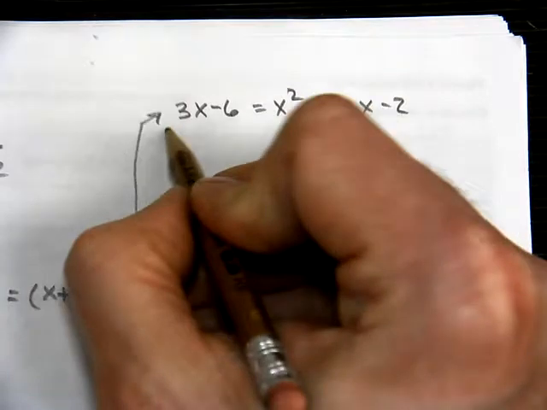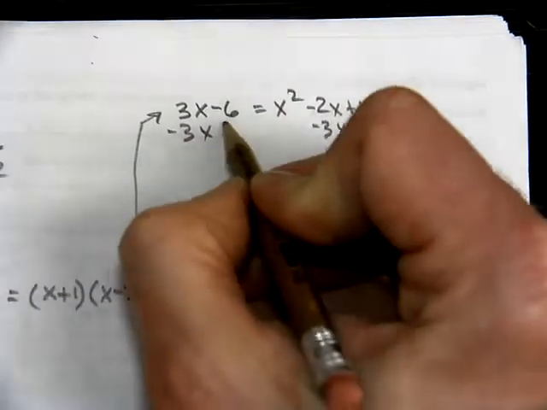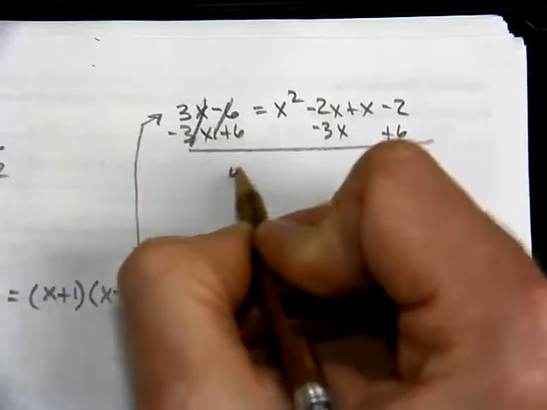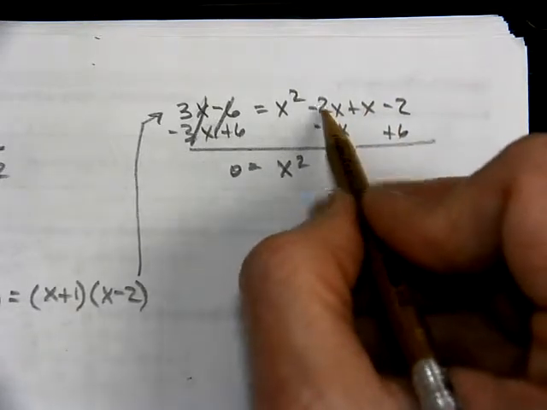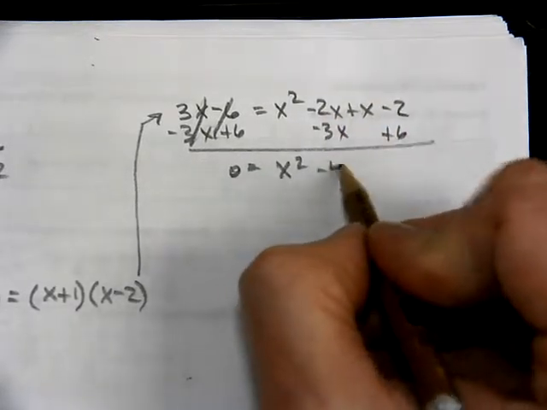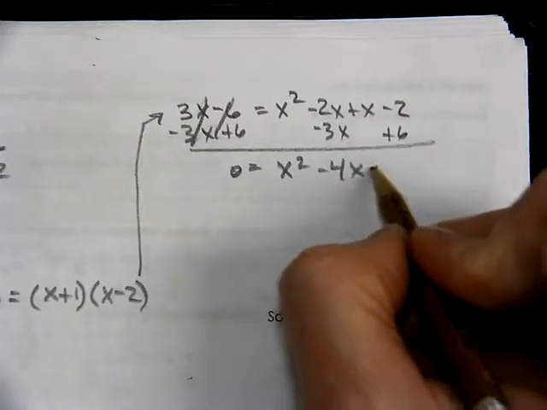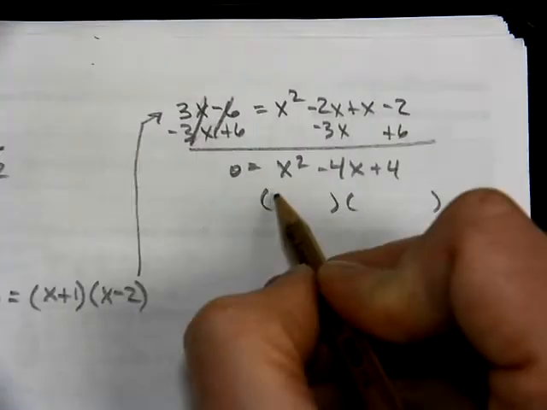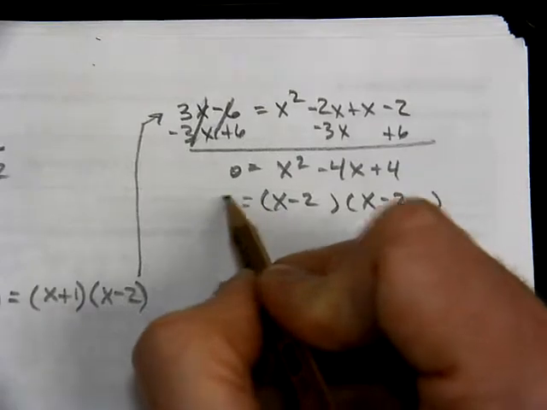Collect our like terms, subtract the 3x to the other side, add the 6 to the other side. We're left with x squared. This would be negative 5 and 1 would give you negative 4x. This would give us a positive 4. So how you would factor that apart is to say x minus 2, x minus 2.